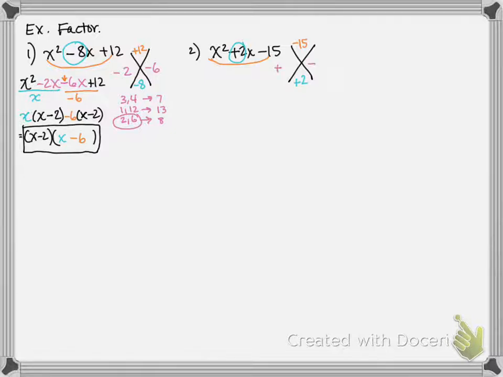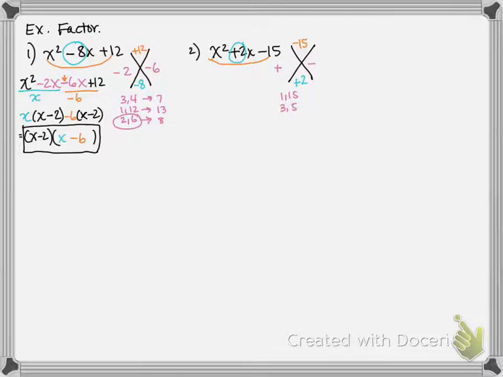So what happens now is that I'm not going to be adding the factors to get the negative 15. Because of the sign difference, I'm going to have to subtract the numbers. So what times what equals 15? Let's see. We've got 1 and 15, and we've got 3 and 5.